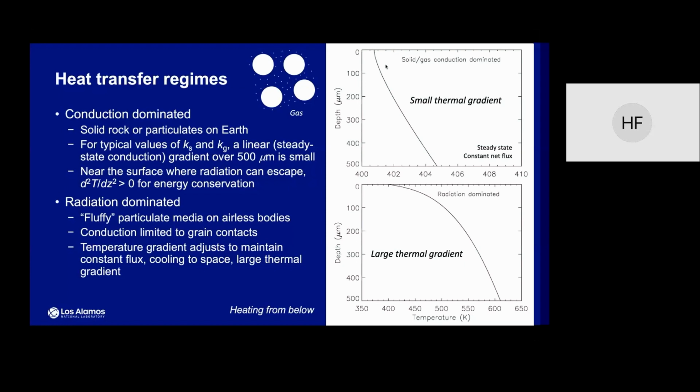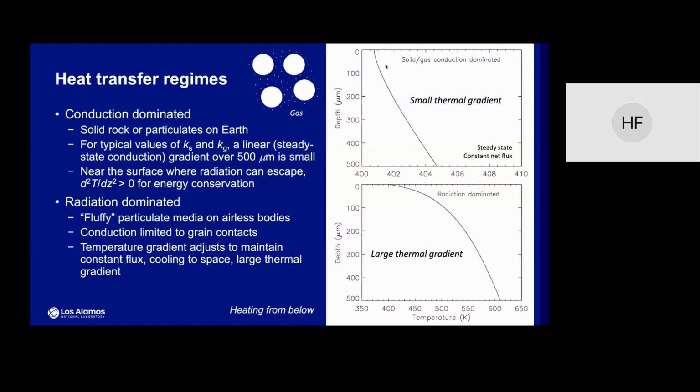As opposed to that, consider a radiation-dominated environment, for example on the Moon, where you have these fluffy particulate media with no atmosphere. In the past these have sometimes been referred to as fairy castle structures. Conduction is limited to grain contacts, and in this environment radiation dominates.